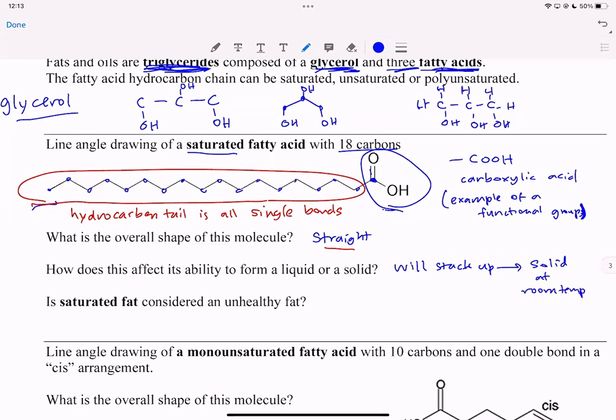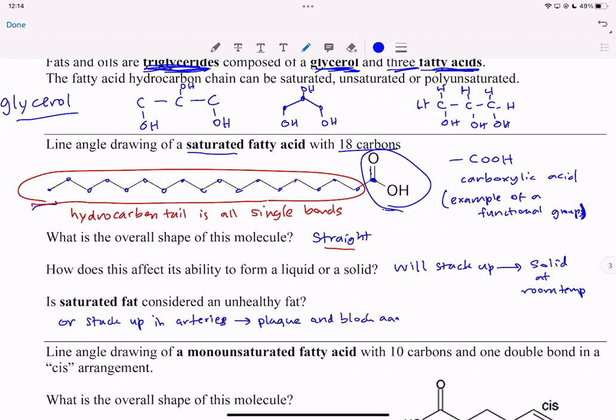So they will also stack up in the walls of your arteries. And that leads to stacking up in the internal walls of your arteries. Specifically, if it stacks up in the internal wall of your cardiac artery, that will lead to a plaque formation, a plaque or a blockage.